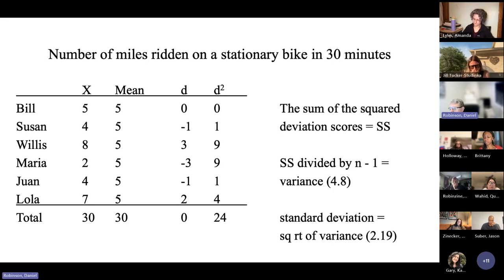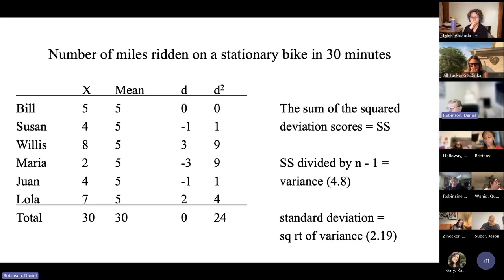N minus 1 is what's called a correction term. And the reason why is that if you're using a sample to estimate what the population might be, variance calculated by just dividing by n tends to underestimate the population variance.